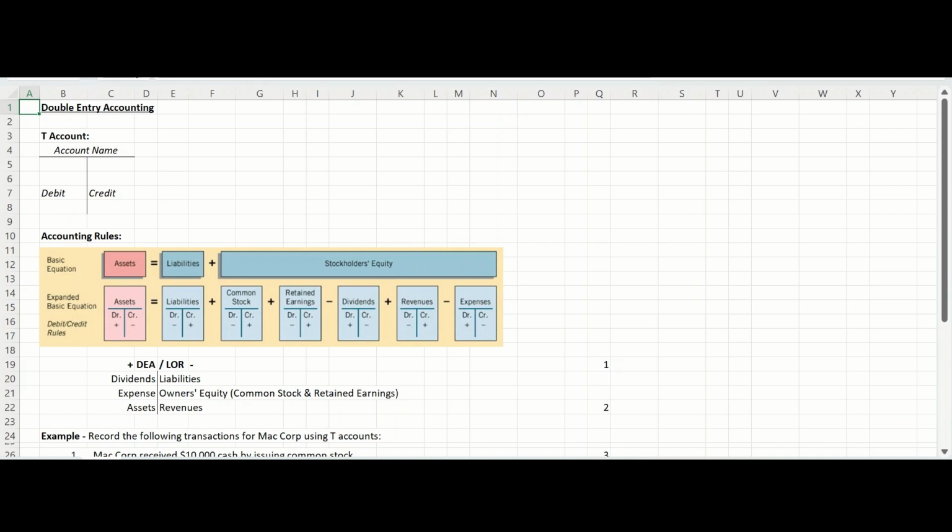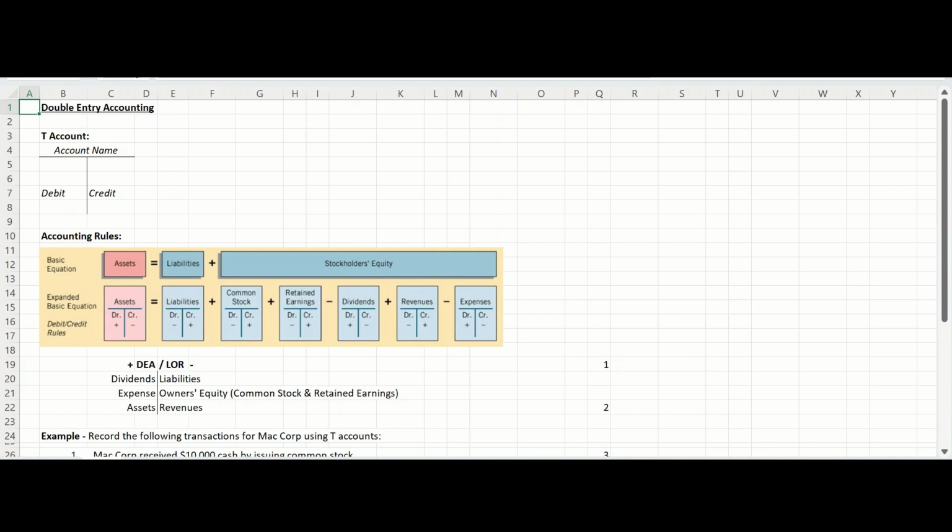Now we know that the accounting equation is composed of assets, liabilities, and stockholders' equity. Each of these can be divided into accounts. For example, an asset account is cash. Now we've previously discussed how transactions increase or decrease a specific account under the accounting equation.